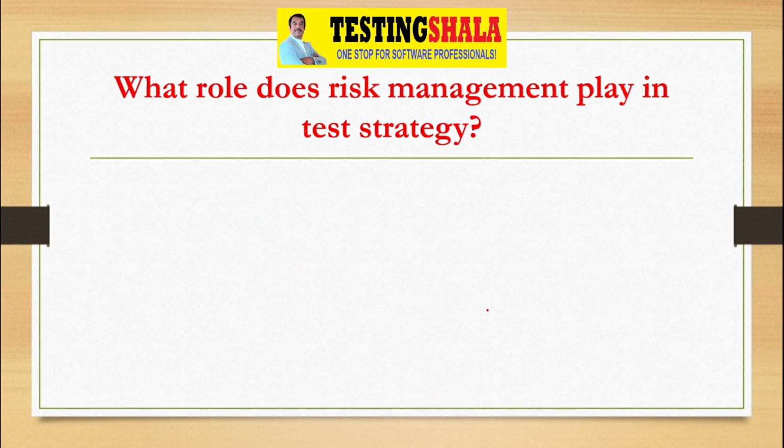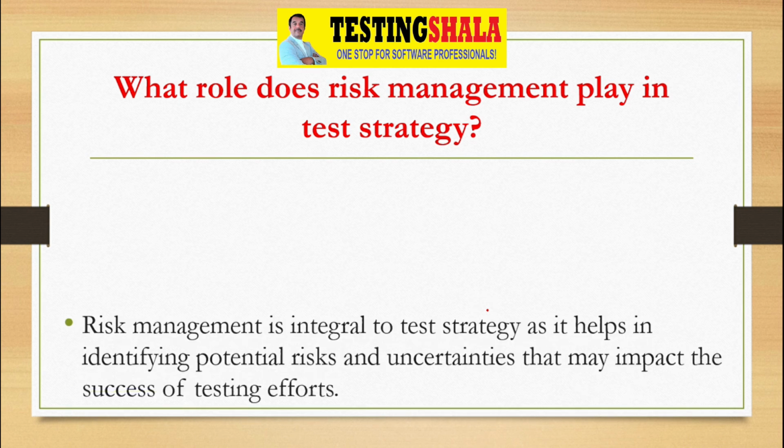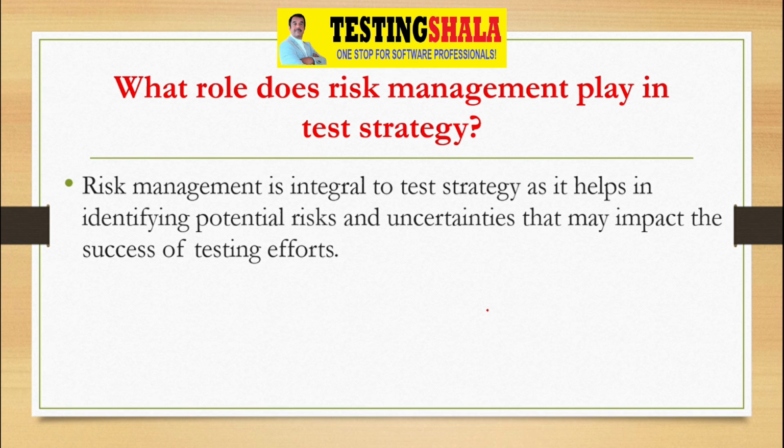The next question would be, what role does risk management play in a test strategy? Risk management is key for any software project. It's not just for testing projects, it applies across software projects, because it helps us identify the potential risks in a given project and the uncertainties we can expect, and based on those uncertainties, what impact we may see in achieving the goals of the testing efforts.